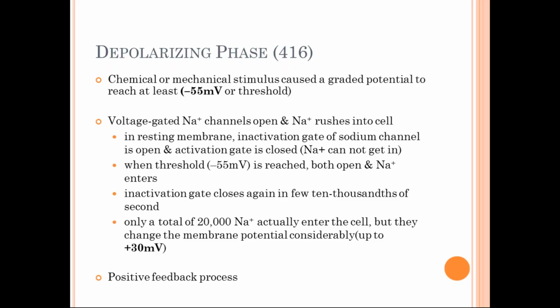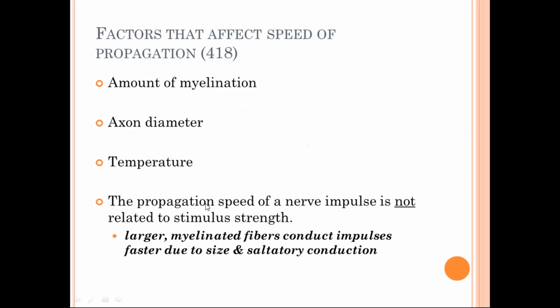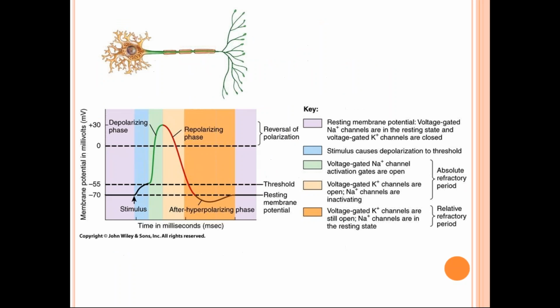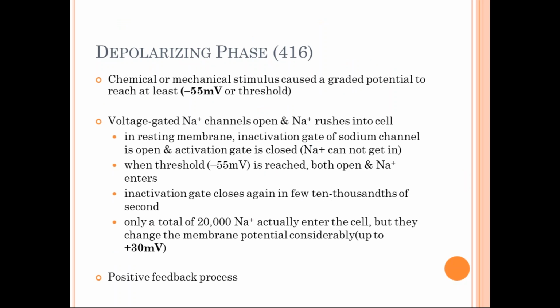Okay, now there's two gates that happen in a sodium channel, and I don't have the picture here. I have the picture already copied for you for this weekend, where you're going to see the two gates. But in the sodium channel, there's actually two gates. There's an activation gate, which opens up when you stimulate it, and an inactivation gate that closes right after you do that.